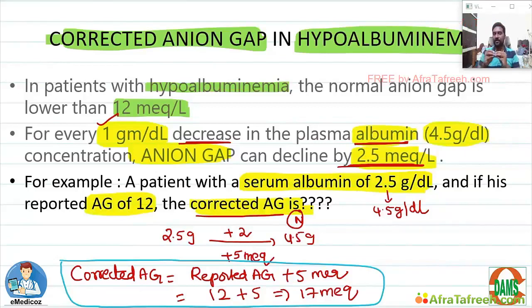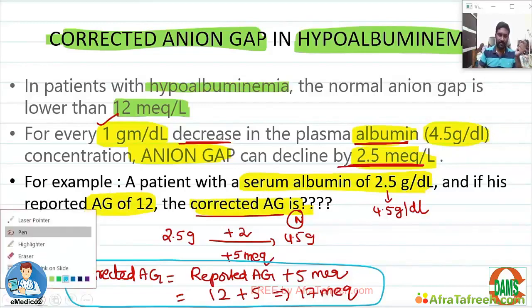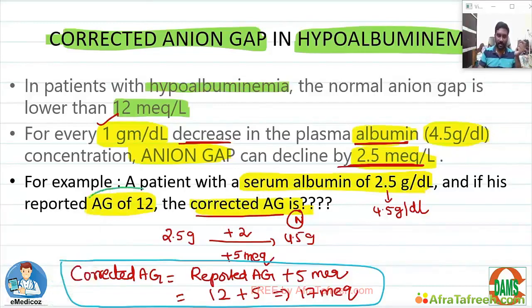So this corrected anion gap will help me to identify any causes of high anion gap metabolic acidosis in this given patient. If I am not seeing corrected anion gap, what will happen? I think that this fellow is having anion gap of 12, so he is having a normal anion gap.